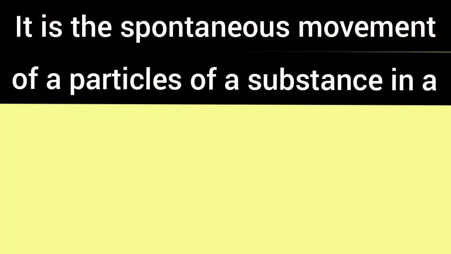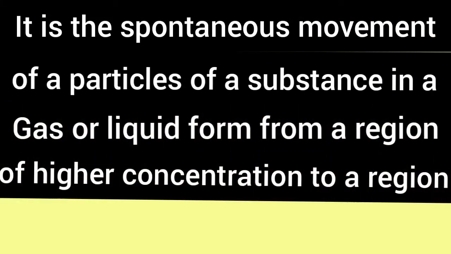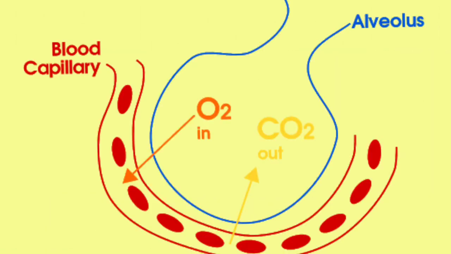Diffusion is the spontaneous movement of particles of a substance in gaseous form or liquid form from a higher concentration level to the lower concentration region until uniformity is achieved at both the ends. ये तब तक मूवमेंट होता रहता है जब तक कि दोनों ही तरफ यूनिफॉर्मिटी ना हो जाए. For example, we can take the example of exchange of gases between blood cells and the tissues.